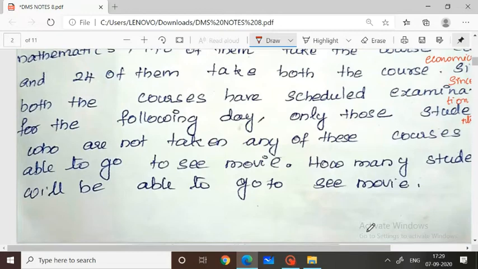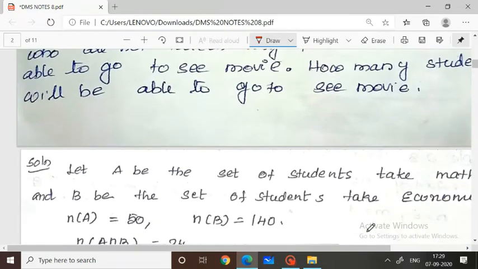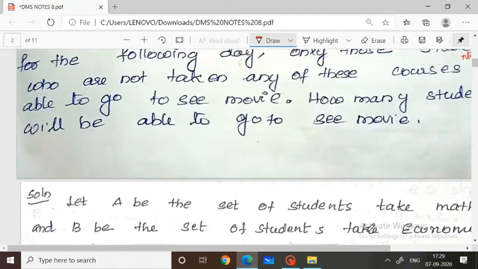Here it is given that the total number of students is 200. So how will you consider? Let A be the set of all students who take mathematics, and B denotes the set of students who take economics.